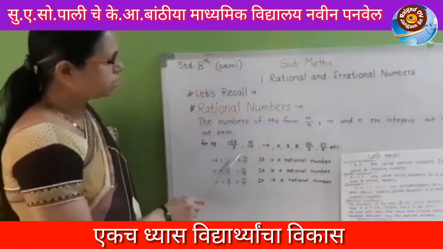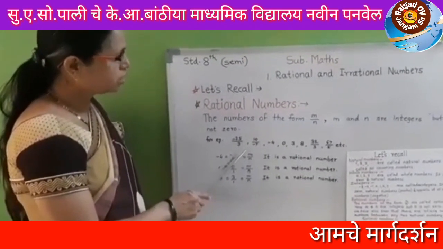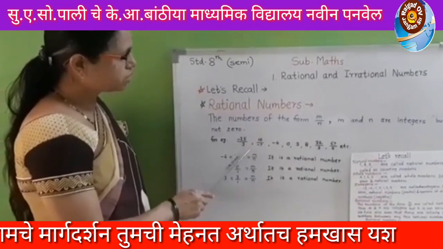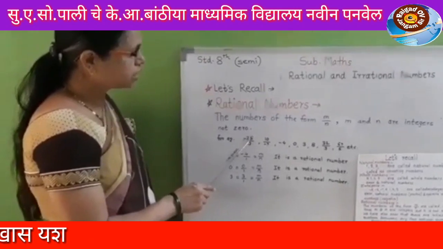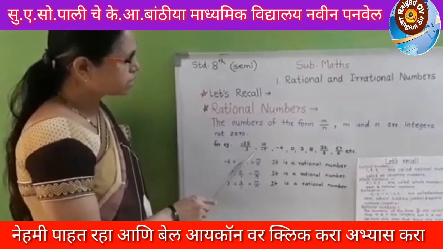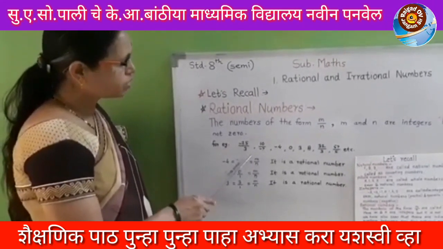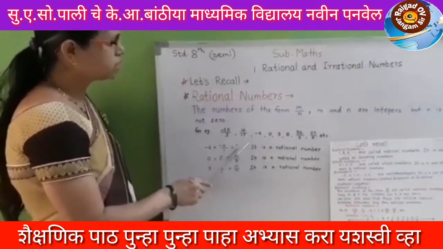-25 and 3 are integers and by definition n is not equal to 0, means denominator is not equal to 0. Here is negative sign, so -25 by 3 is a negative rational number. Next example, 10 by -7.